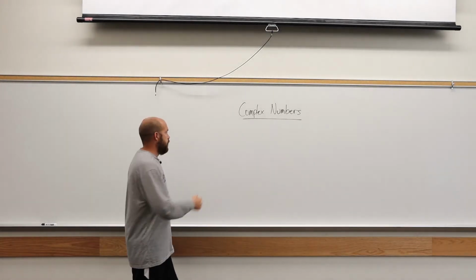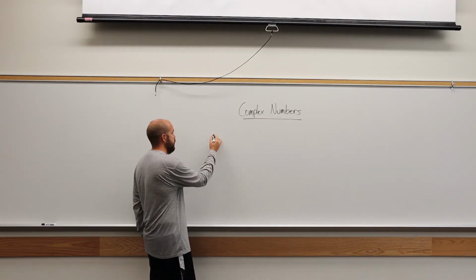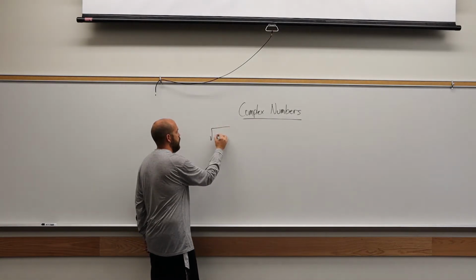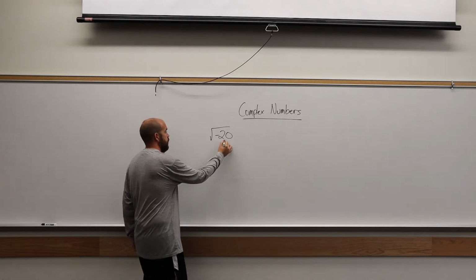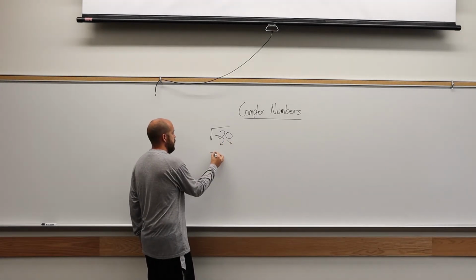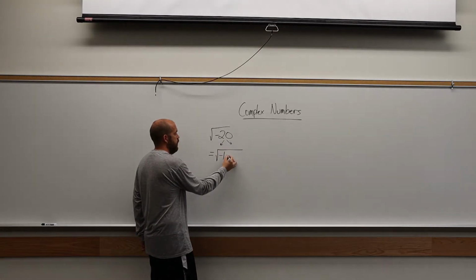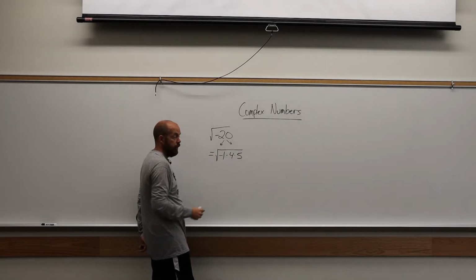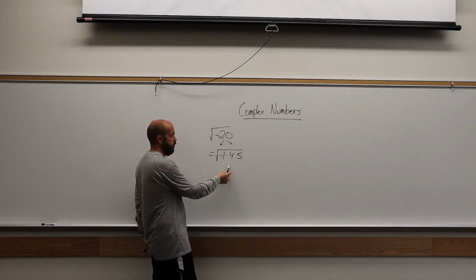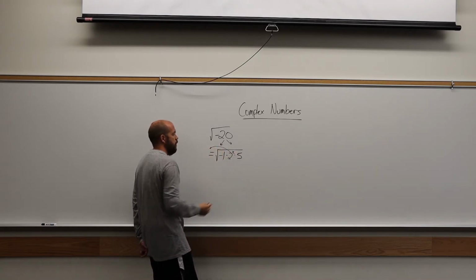Let's come up with another radical that we can simplify in terms of imaginary numbers. Let's say we just have the square root of -20. If I break this down, the square root of -20 would be the square root of -1 times 4 times 5. And 4 breaks down into 2 times 2, so really that's 2 squared, and I'm able to take a 2 out.